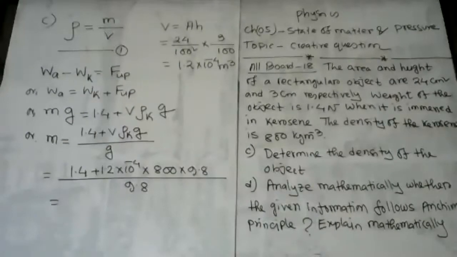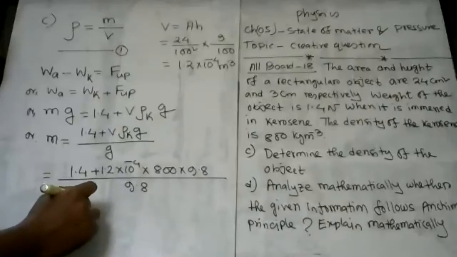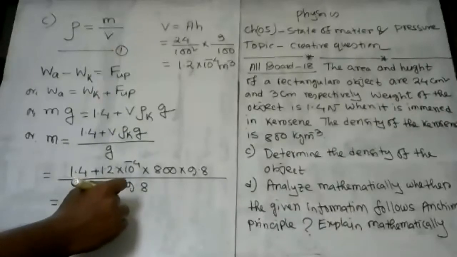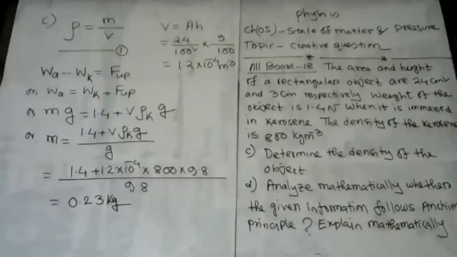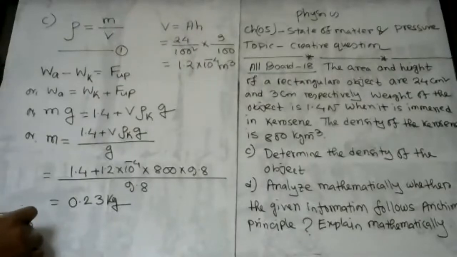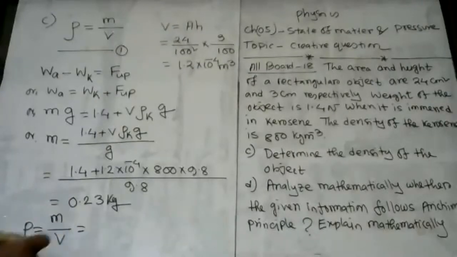So 0.23 kg. So mass of the body will equal 0.23 kg. Very good. Now, by using the mass and the volume, you can find out very easily the density of the body. So the density of the body rho will equal mass of the body divided by volume of the body.